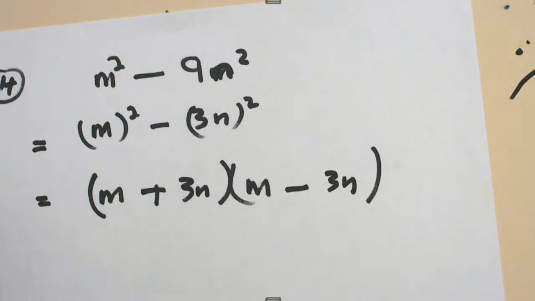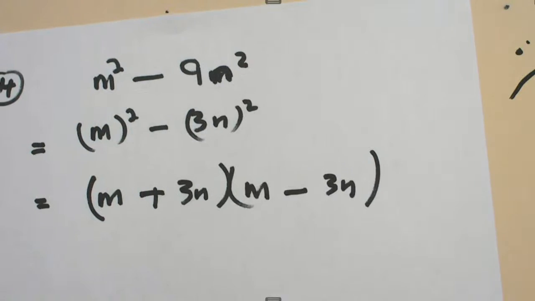That will be the factors of number 4, which is m squared minus 9n squared. This is the second homework that I gave you to complete at home.